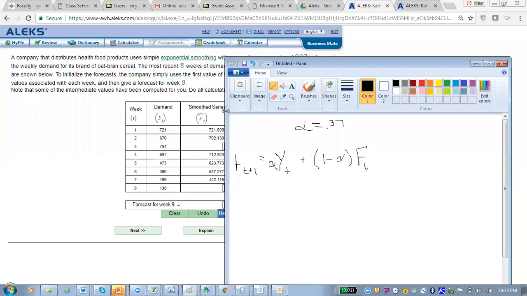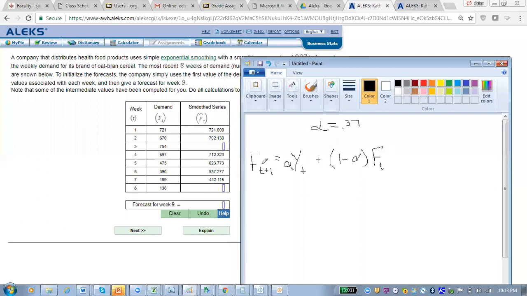So the forecast of 702 would equal 0.37 times what actually happened, which is 670, plus 1 minus 0.37, because if there's a 37% weight on what happened, then there is a 63% weight on what I forecasted, which is 721.